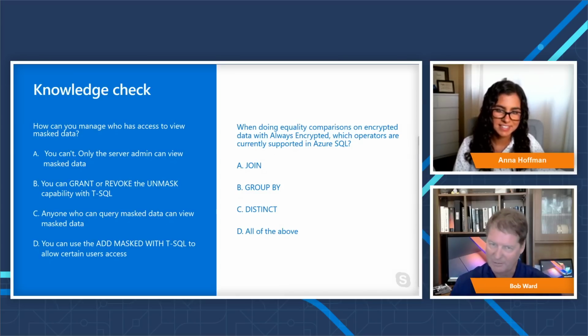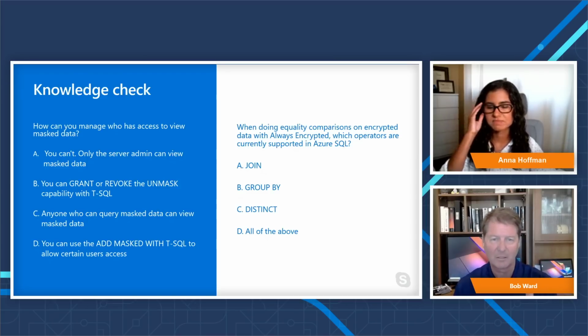Well, through our normal process of elimination, we think about how you can manage who has access to view masked data. That's the key part, manage who has access. If you look at D, there's a MASKED keyword. That's how you do masking, right? When you create a table. So that's not going to control who has access. That's just going to control what the masking looks like. So let's throw D out. Anyone who queries masked data can view masked data.